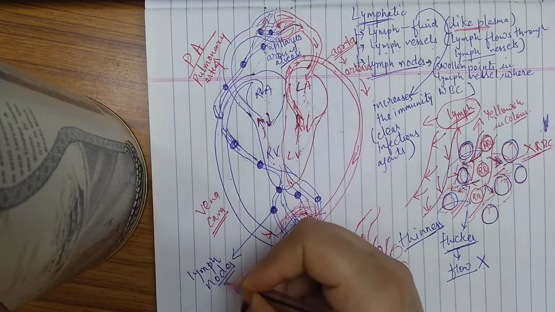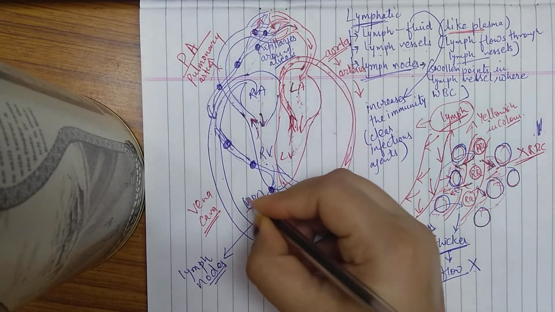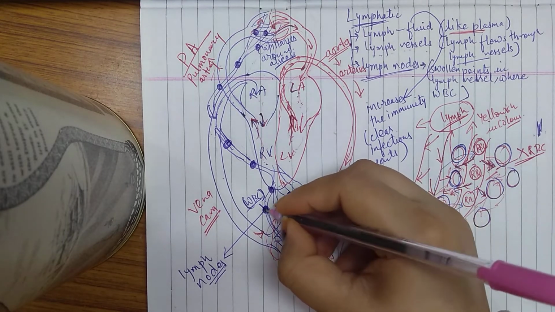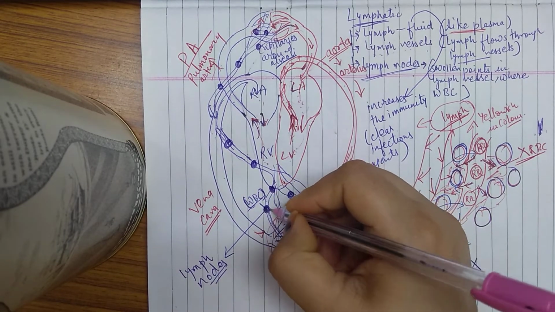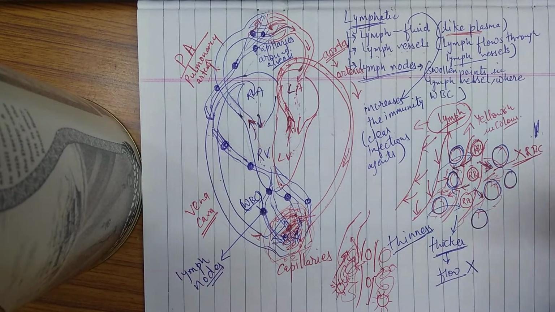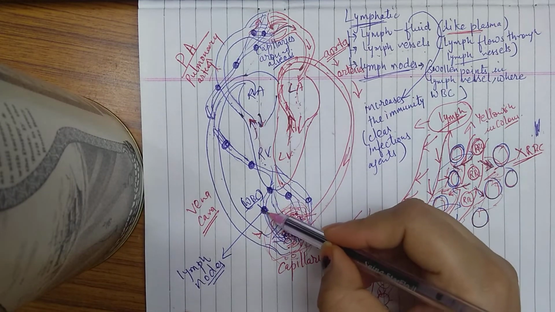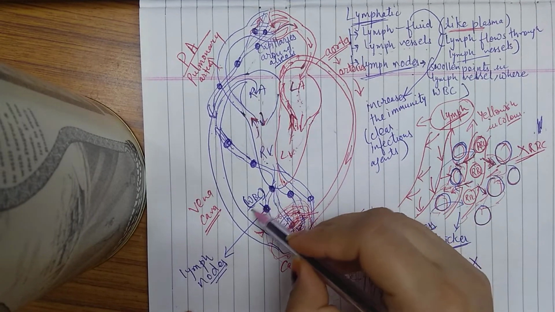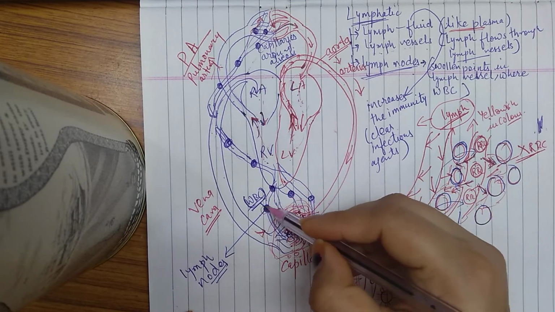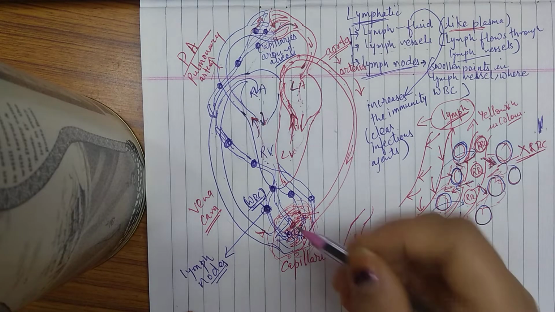Into these lymph nodes, WBCs are present. So when infectious agents enter the lymph vessels, these WBCs fight with them and kill them. This way the lymph also fights with infectious agents. So these lymph nodes increase the immunity of our body. Okay, I think it is clear.